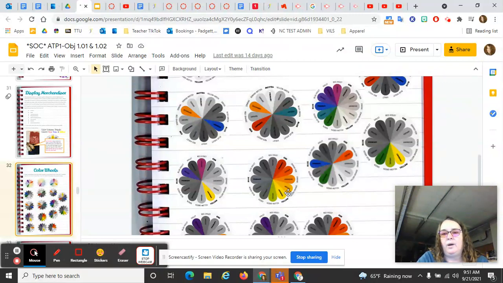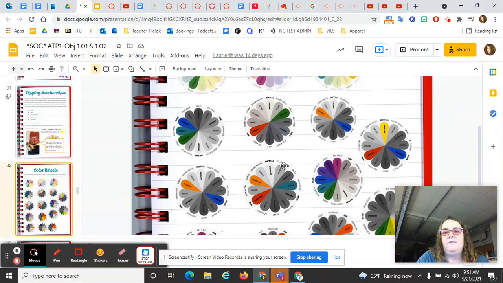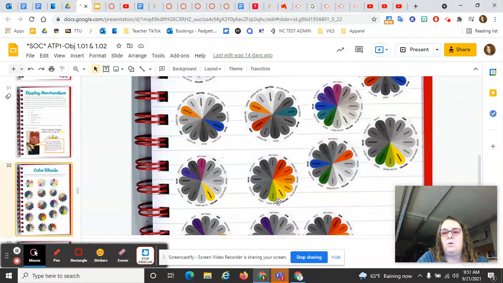If you are on the other side of the color wheel, going from green to red violet, those are cool colors. Okay. So you don't have to use all of the colors to represent cool or all of the colors to represent warm. What we're looking for is: is the outfit a cool outfit or is it a warm outfit?